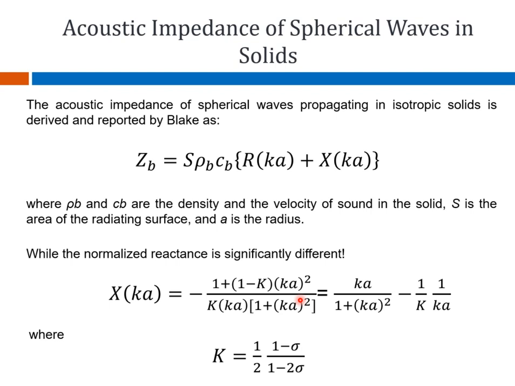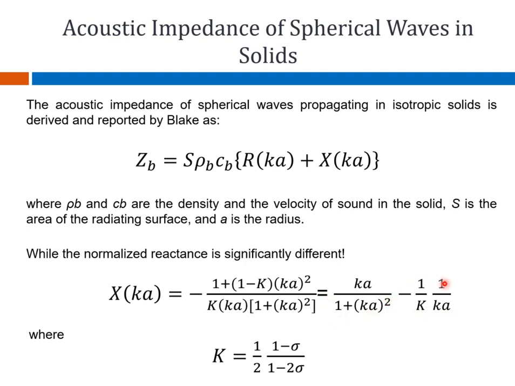But on the other hand, the radiation reactance, that is the imaginary part of the backing impedance, is quite different. It has a dependence on the Poisson ratio. You can see the factor k coming into the expression, as Blake has reported. If you expand this radiation reactance term, it can be bifurcated into two terms.